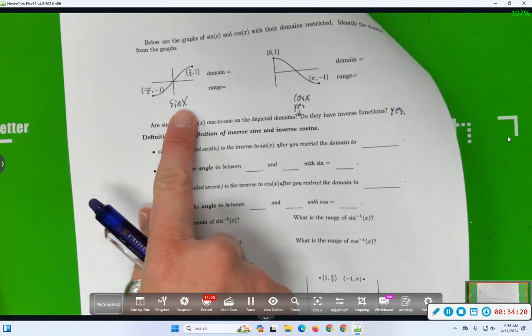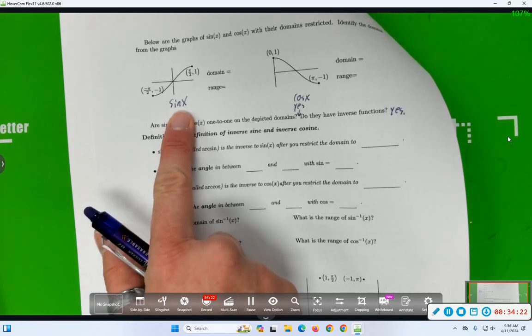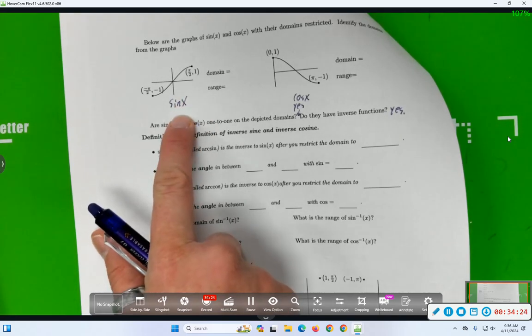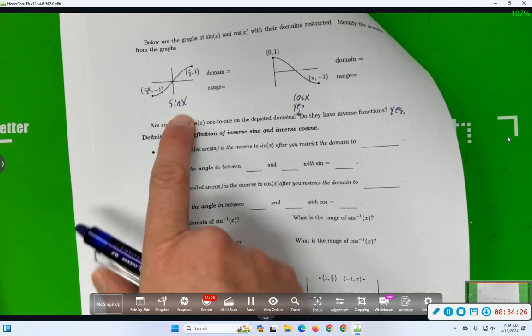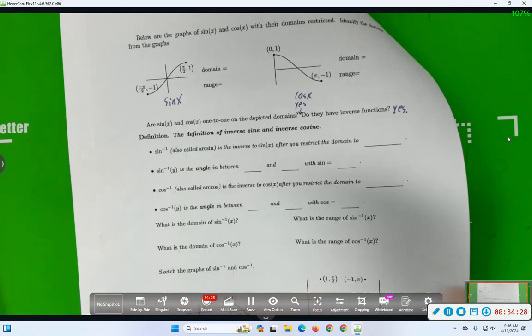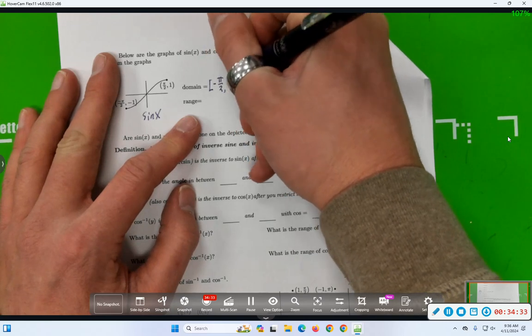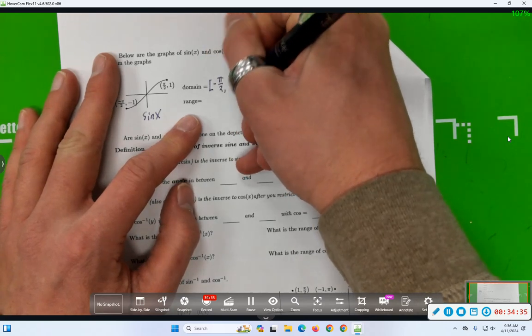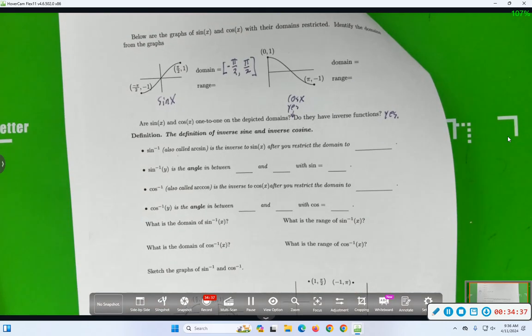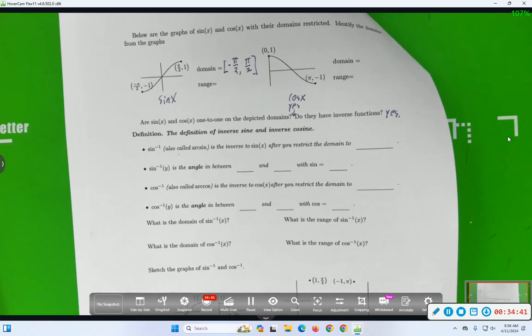So if you only saw that much of sine of x, what would you say the domain of this thing is? Negative pi over 2 to pi over 2, including endpoints. I agree. And maybe I'll even ask the follow-up: why? How did you get that? Because the domain's always the x value. Yeah, perfect.